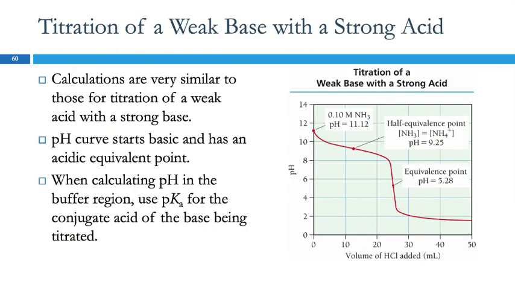So what about the titration of a weak base with a strong acid? Well, again, it's just the reverse. So the calculations are really similar. Up here, you're going to have a buffer region. At the half equivalence point, you've got equal molarities of the weak base and its conjugate acid.